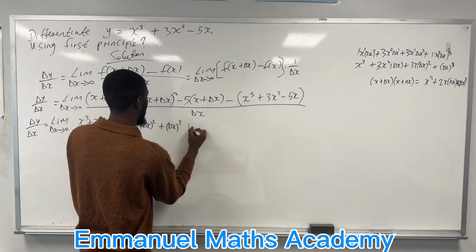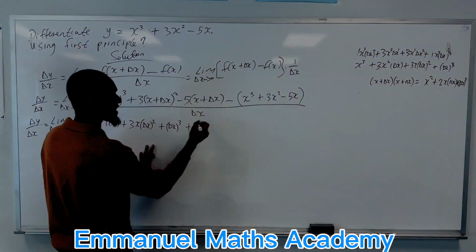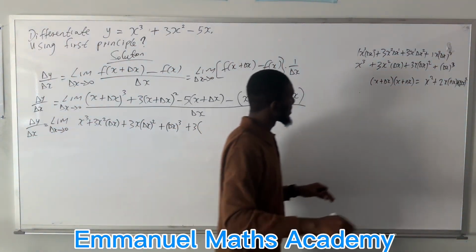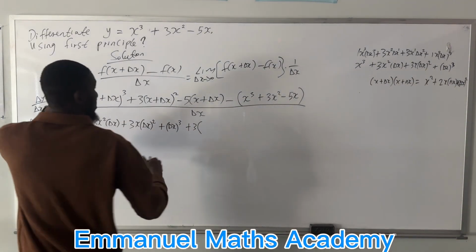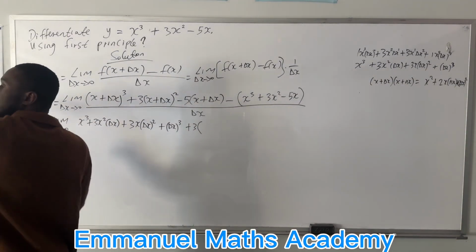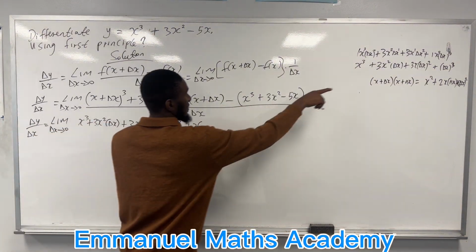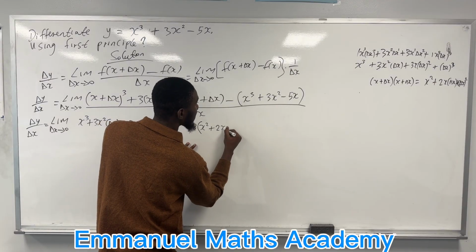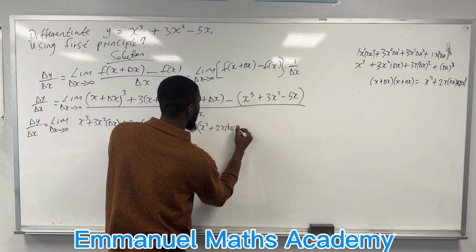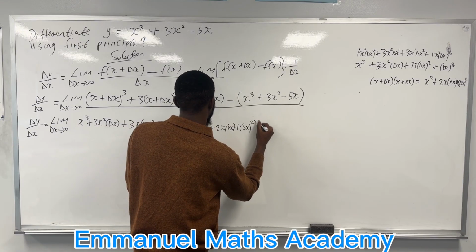Good. Plus 3 here, and everything inside here is x squared plus 2x delta x plus delta x squared, right?